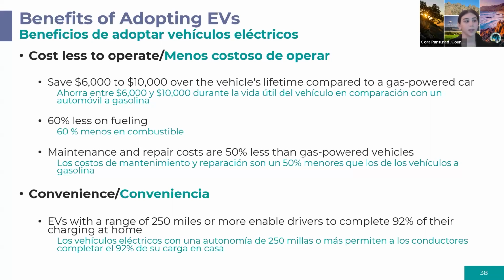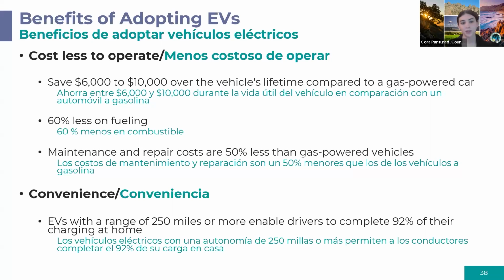There's also a reduced maintenance and repair cost for electric vehicles, because there are just fewer moving pieces in the engine of an electric vehicle. If you think about an internal combustion engine, that is gasoline exploding and a bunch of pieces moving around inside, and all of those have the potential to break a lot more easily than they do in a battery-powered car.